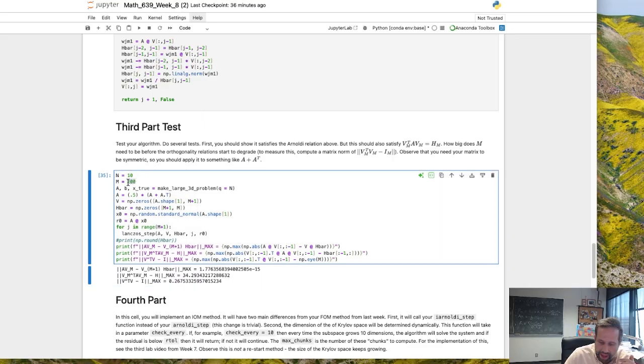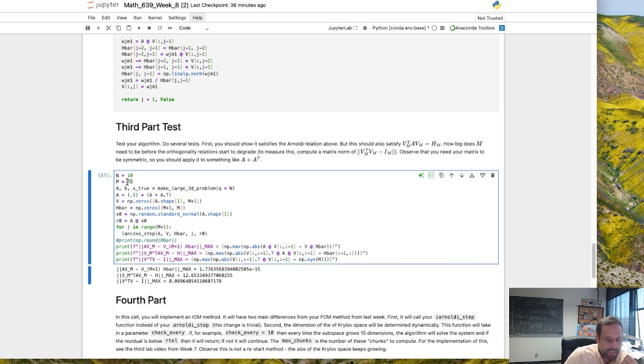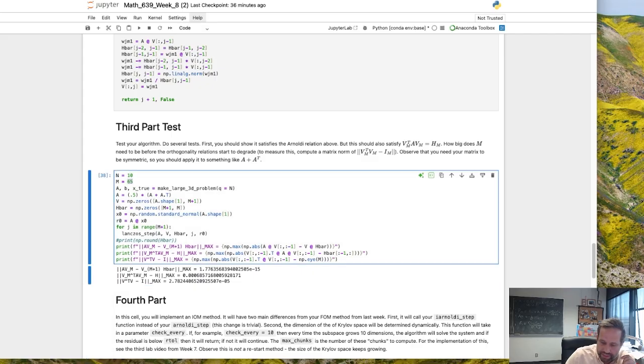So if I maybe go back to 50 here, okay, 75, do a little binary search here. Okay, and we can see that. In your own code, you can play around with this.